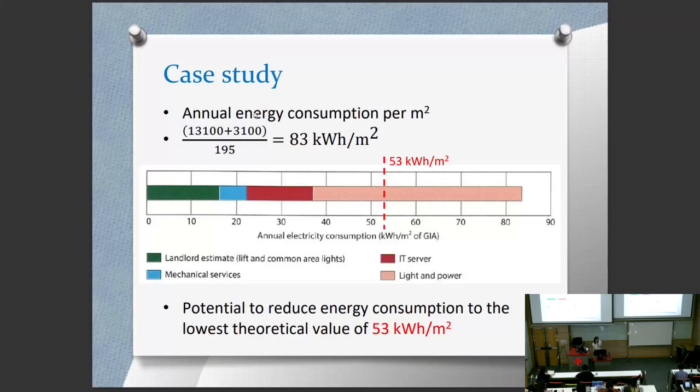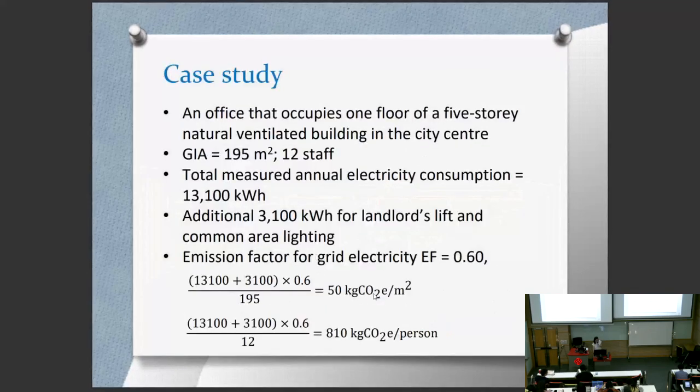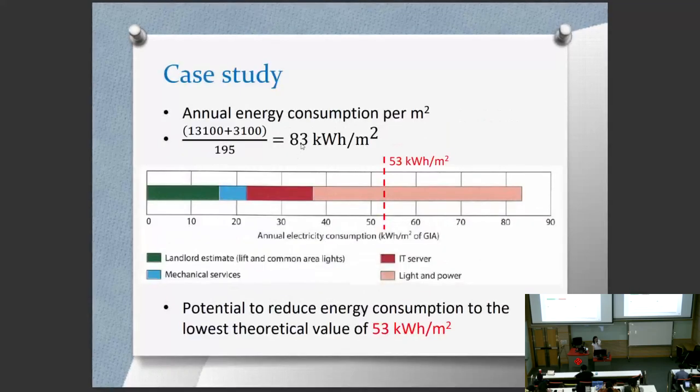Okay, annual energy consumption per square meter. So just for the energy consumption, this is the total energy consumption divided by the area. We will have 83 kilowatt hour per square meter. Okay, and the lowest would be 53 kilowatt hour per square meter.